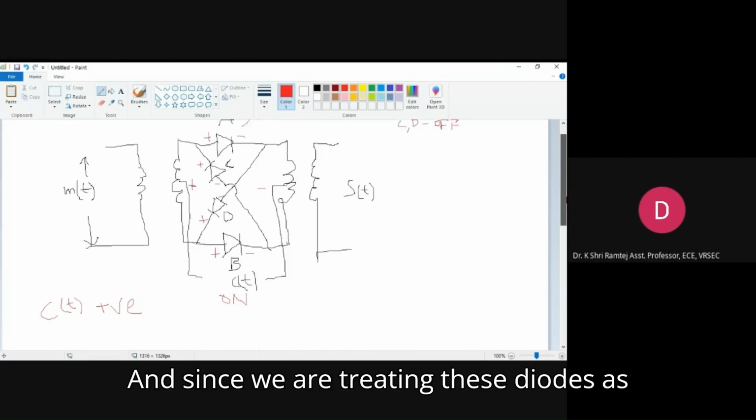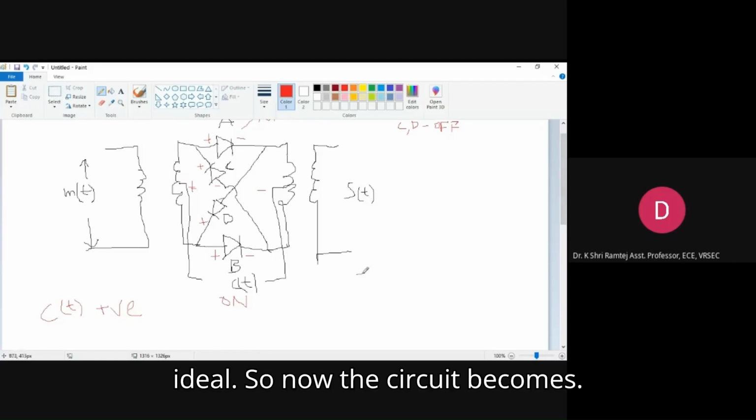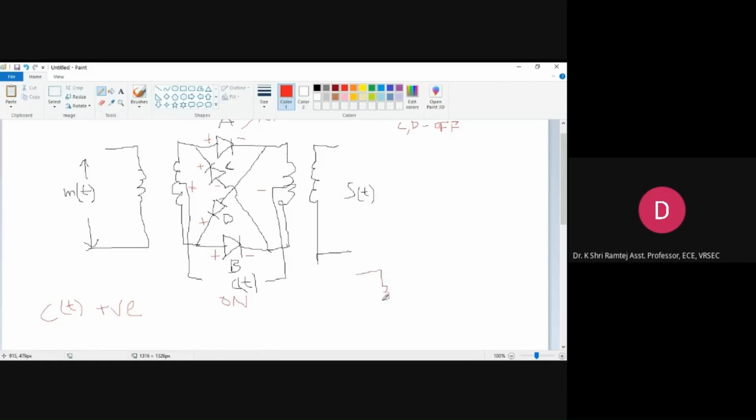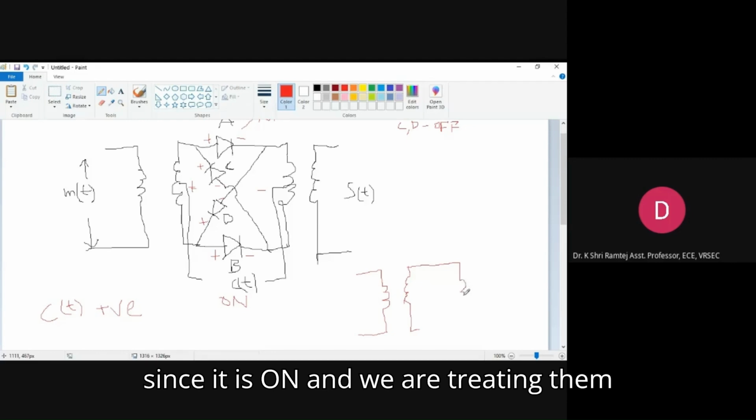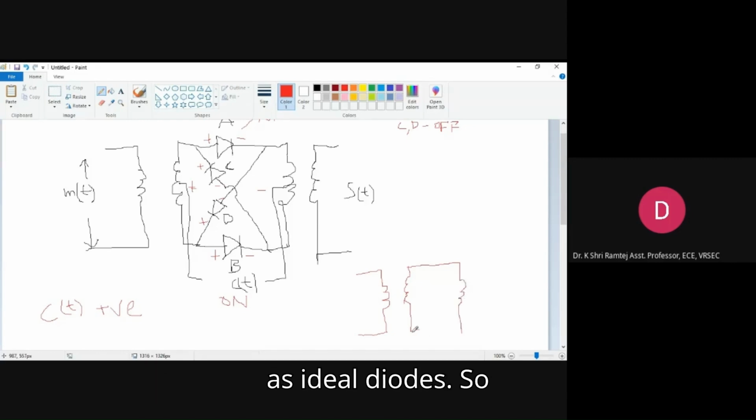And since we are treating these diodes as ideal, the circuit becomes: here diode A is short circuited since it is on and we are treating them as ideal diodes. So the circuit will look something like this.